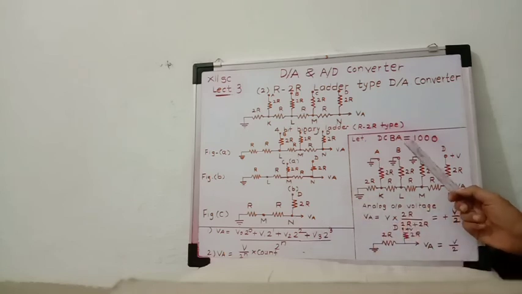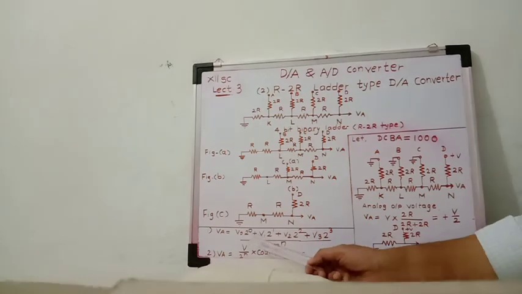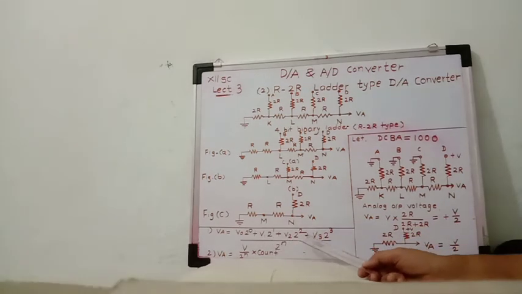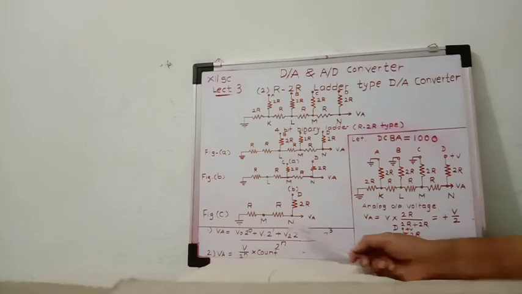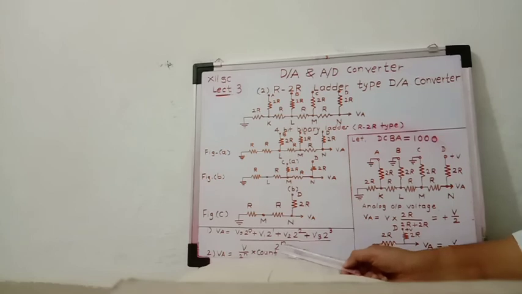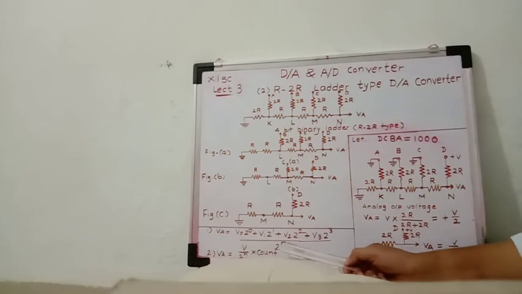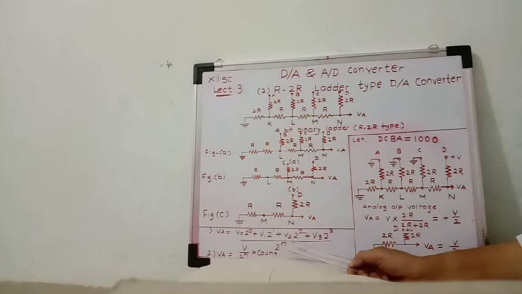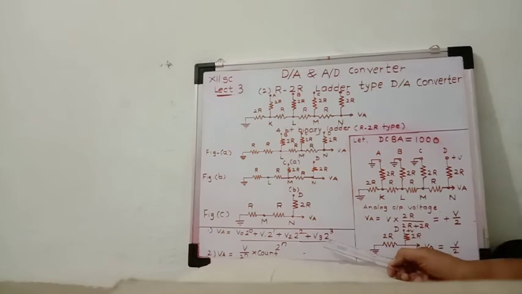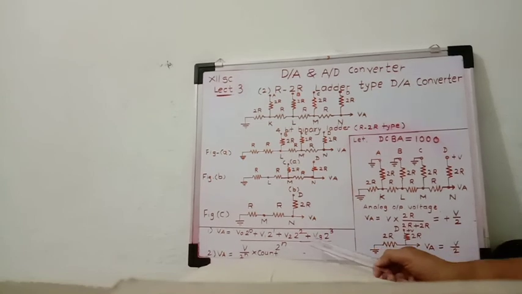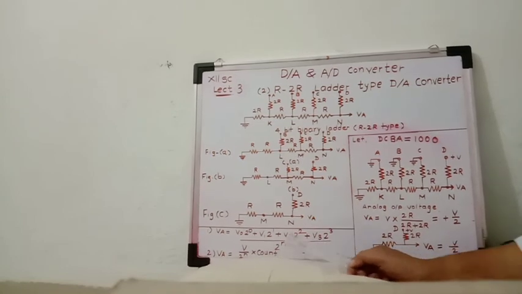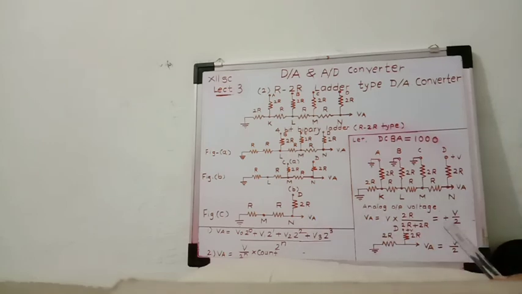So 0 plus 0 plus 0 plus V3 into 2 raised to 3, divided by 2 raised to n, where n is the number of bits, that is 2 raised to 4, which means 16. 2 raised to 3 means 8. So 8 upon 16 is one half, so V3 upon 2, that is V by 2.